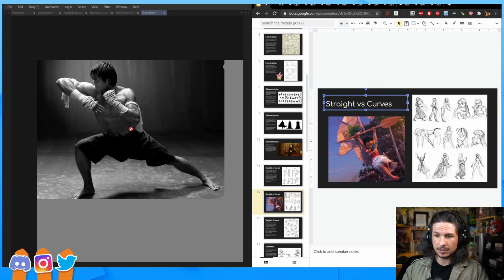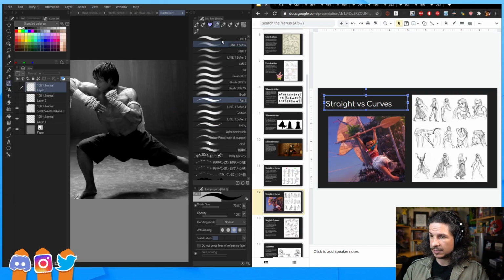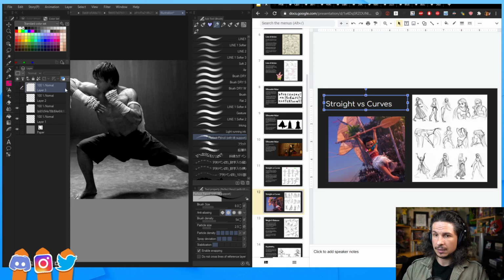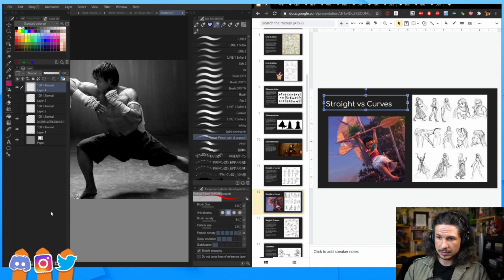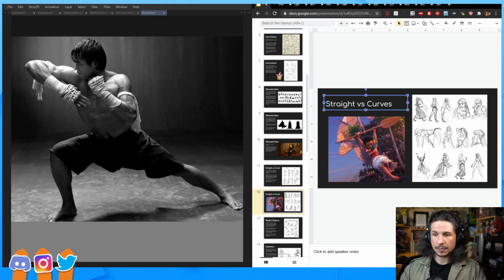So for example, if we look at this silhouette here, let's get my drawing tool back. Let's get my pencil here and make a new layer. So straight versus curves is typically on one side of the silhouette of the body, you're going to have a little bit more of a clean, simple line.